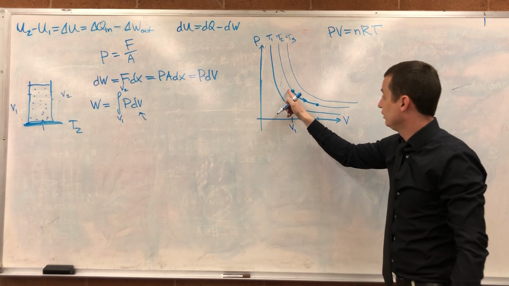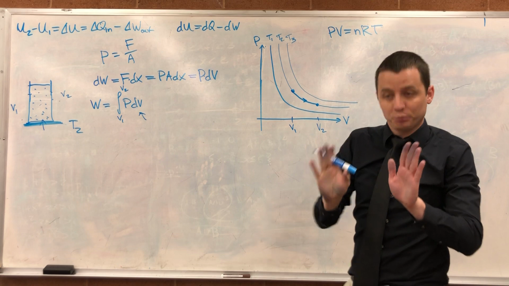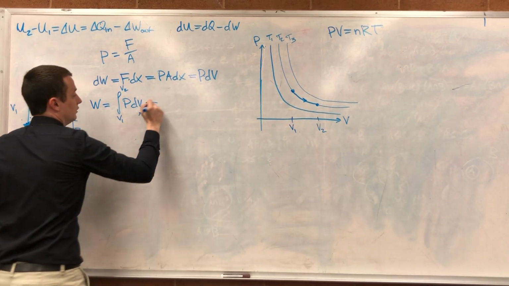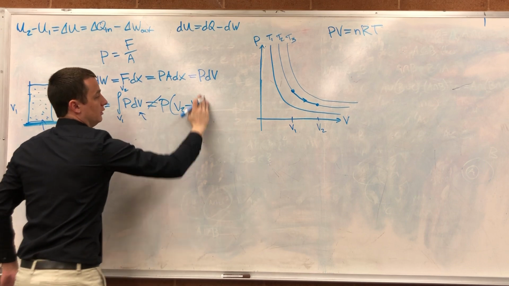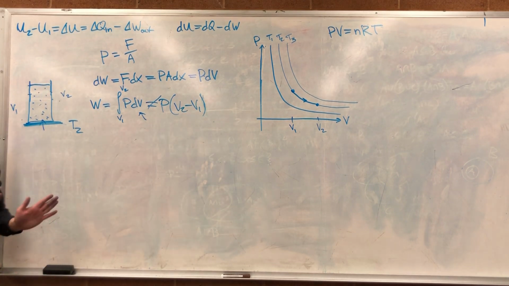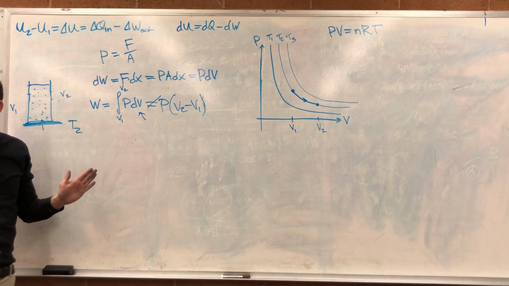Notice that the pressure is changing. Pressure went down. Let me just be very clear. This is not the answer. That is definitely not the answer, because P is a variable. That would be the answer if pressure were constant.